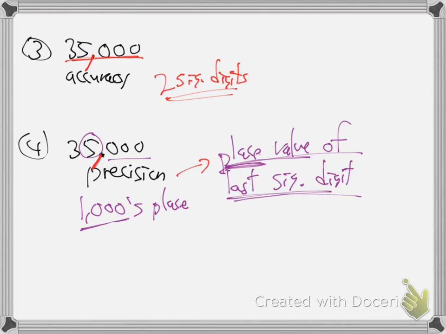Is that making sense? That 5 is in the thousands place, and it's the last digit that's significant. So precision is the place value of the last significant digit. Accuracy is all the digits.